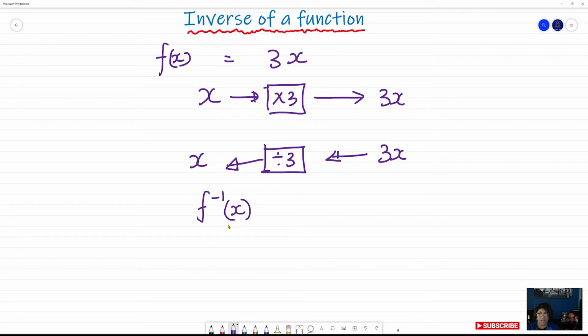Functions can be written as f of x, but it could also be g inverse of x, h inverse of x. So it depends how you define your original function. So you could say h of x, g of x, then their inverse functions will be written like this.